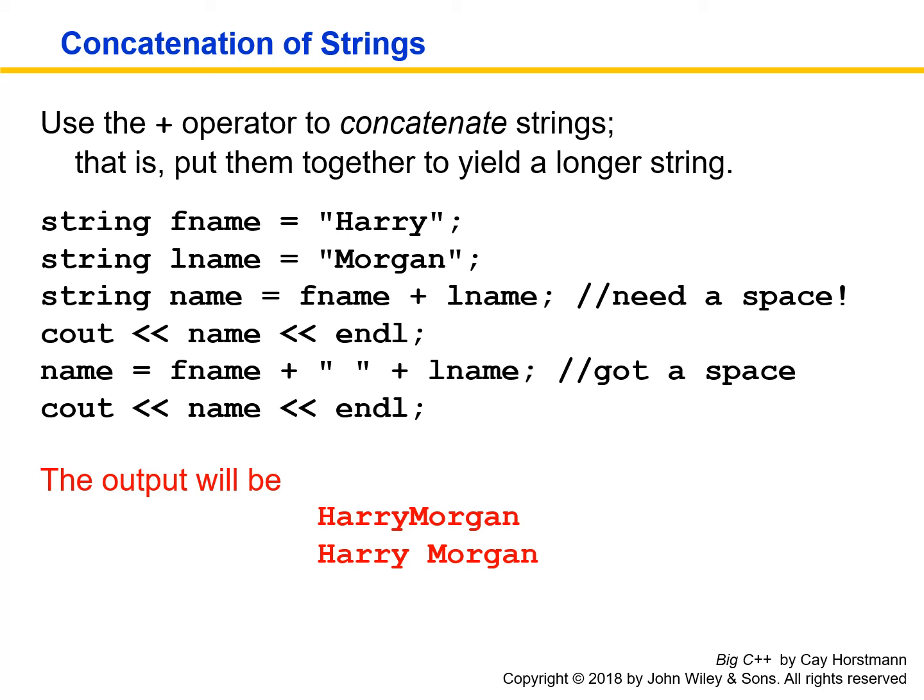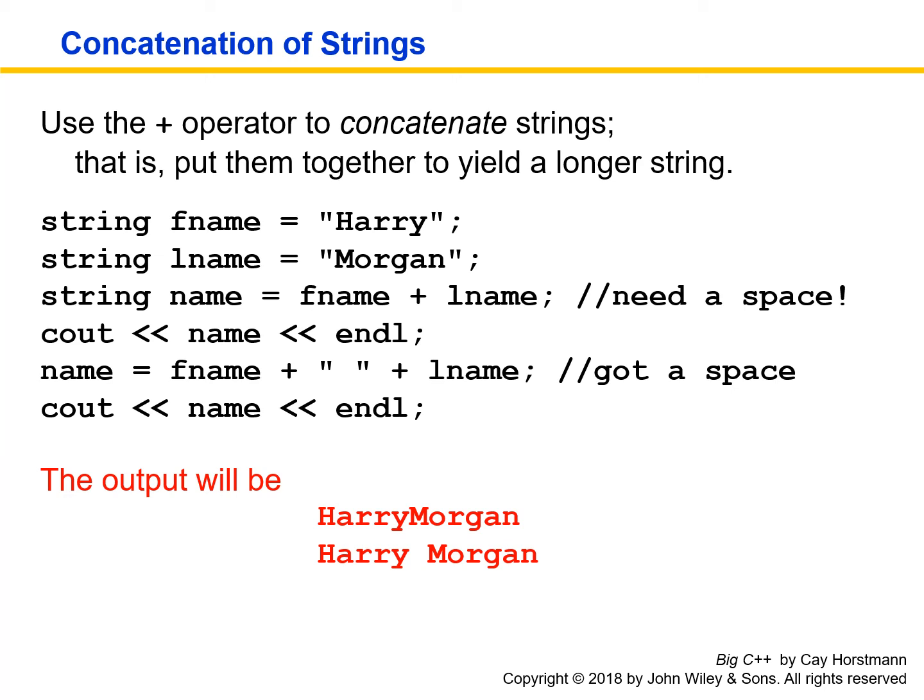You can concatenate two strings, that is, put them together end to end with the plus operator, fname plus lname, but it will not add a space for you. So if you want it to really look right, you should say fname plus quote space quote plus lname. Note that double quotes are used in C++ for strings.